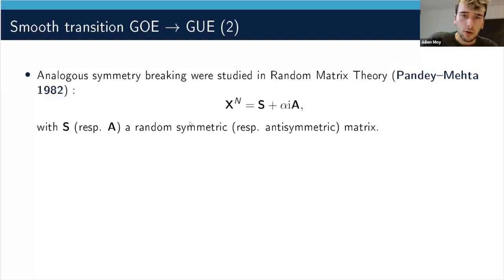If you remember what I explained at the beginning, when we looked at GUE, we had 1 over square root of 2 s plus 1 over square root of 2 i a. Here, instead of doing this, you take a small coefficient in front of a. And with this, when alpha is the correct scaling parameter, you can recover a transition between GOE and GUE for the number variance.